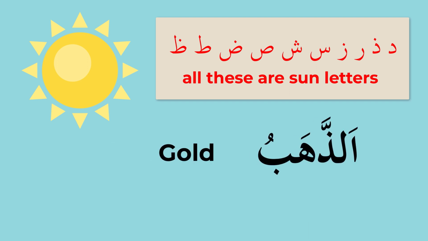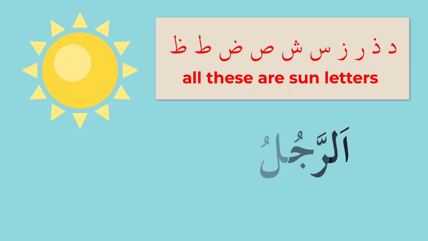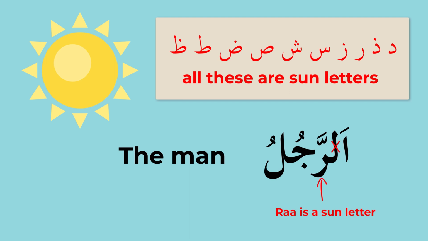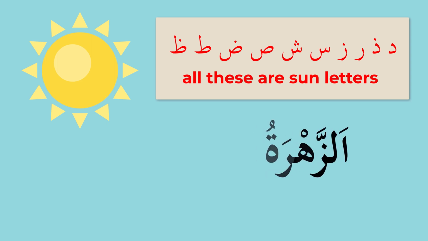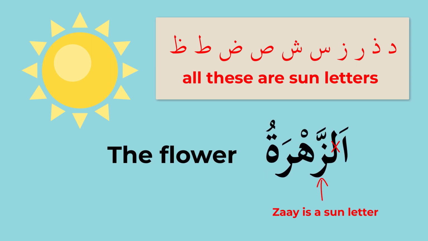Next one, brother. Az-zahabu. Gold. And then, brother, ar-rajulu. The man. Not al-rajulu. It will be wrong to say al-rajulu. It will be ar-rajulu. We won't pronounce the lam. Why? Because it is a sun letter. And then, brother, az-zahratu, the flower. My daughter's name is Zahra.